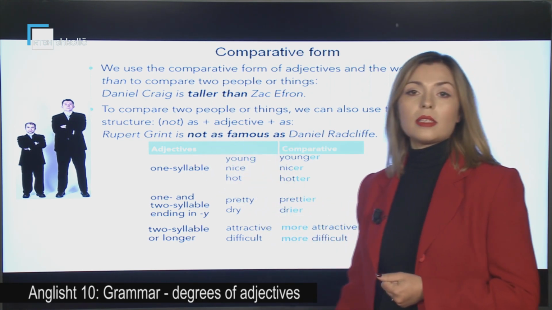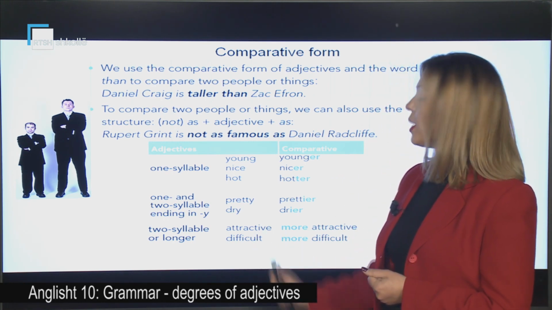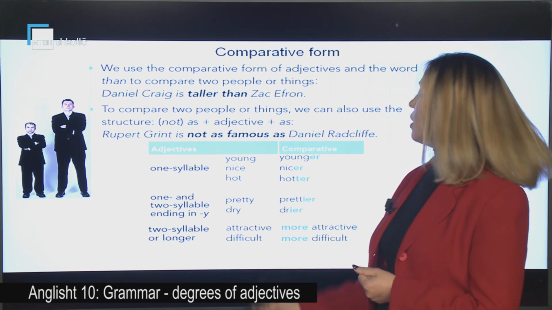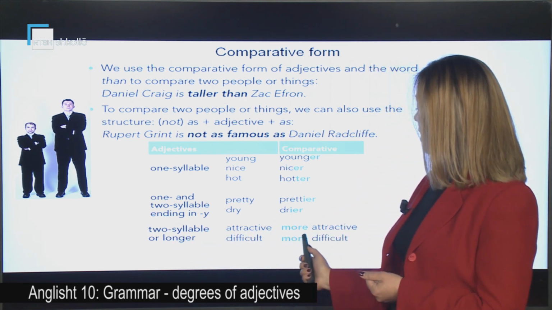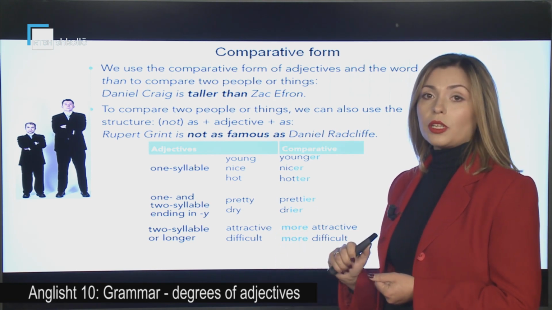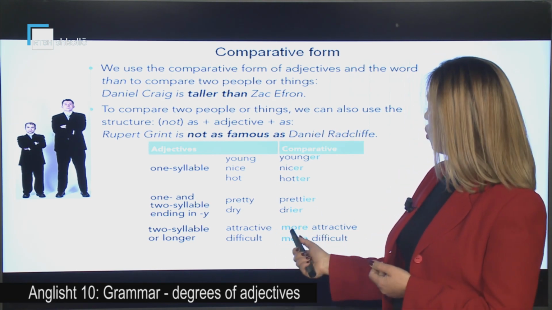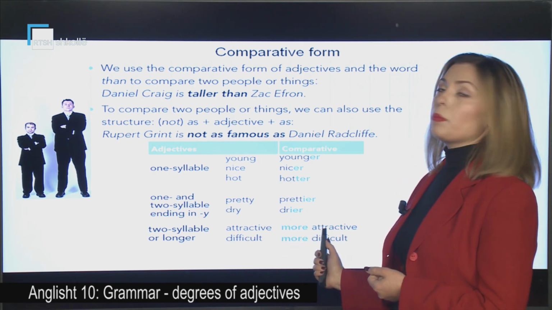Be careful, when we have longer adjectives like two syllables or longer, then we're not going to put ER in our adjective. It becomes really long. So we use the structure more plus the simple adjective.